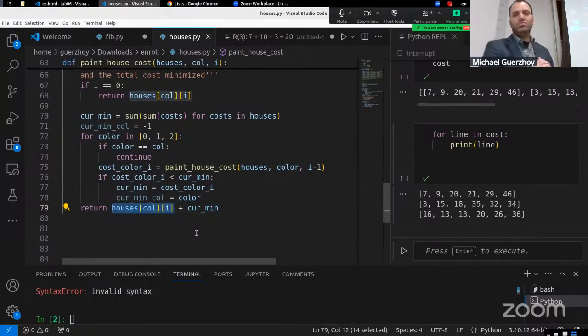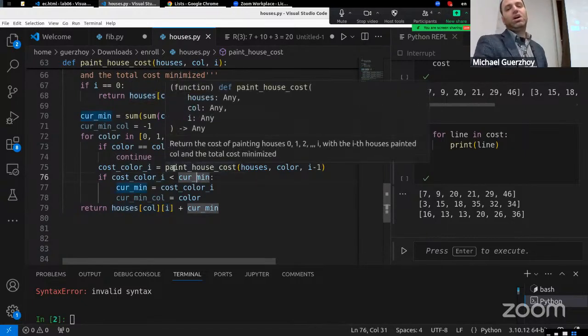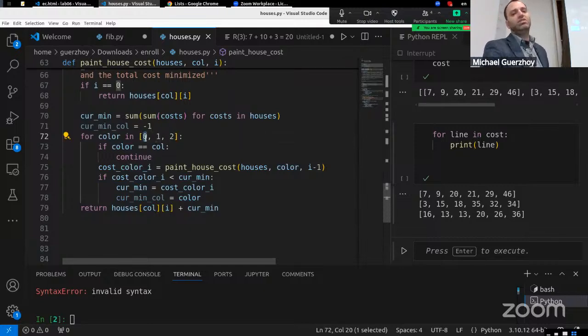So it's basically the same thing. We look at what's the cost if we're looking at color 1, so we try the cost for the previous one at color 0 and color 2.